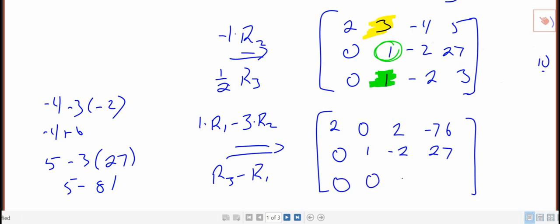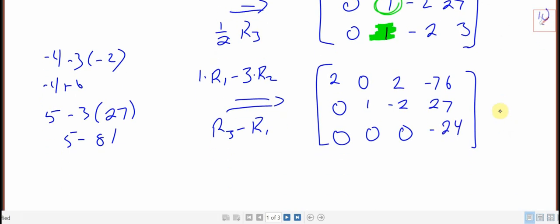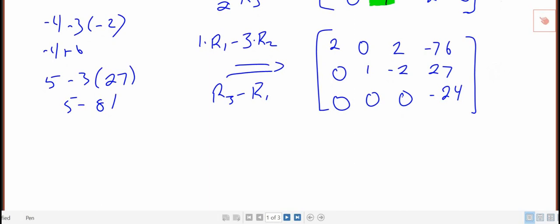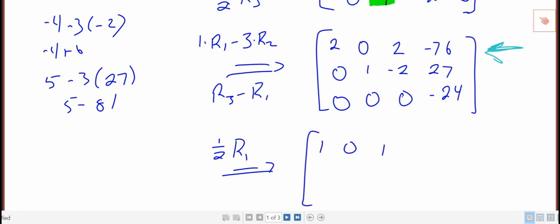Negative 2 minus negative 2 is 0 again. 3 minus 27 would be negative 24. And right off the bat, oh look, these are all even. So I am going to take half of it. That's going to be 1, 0, 1, and half of that's going to be 1, negative 38. 0, 1, negative 2, 27.